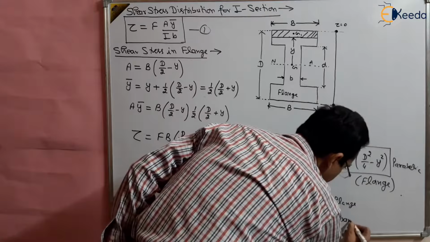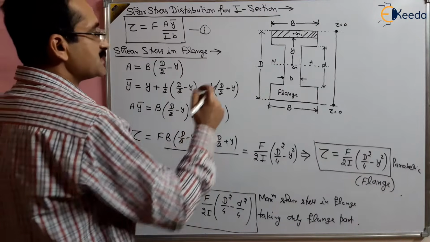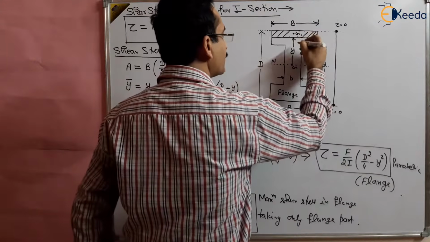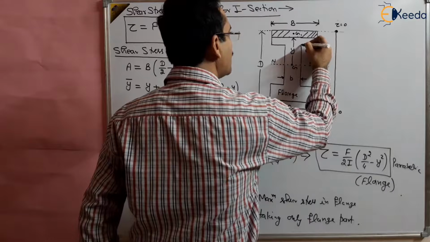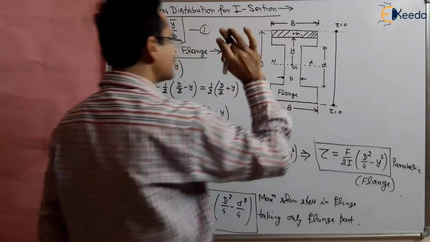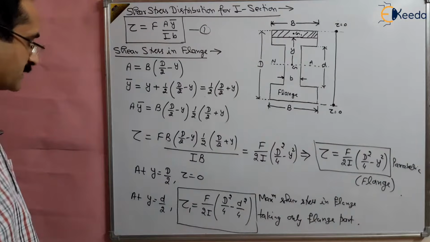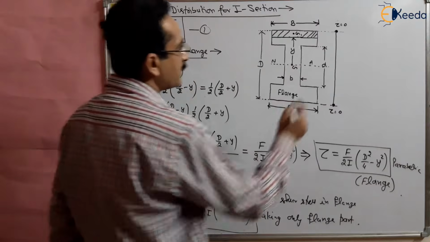Just at the top of the flange, where the web and flange are meeting, there is only flange and no web section has started, right? So shear stress is parabolic, and this value is the tau 1 value here.